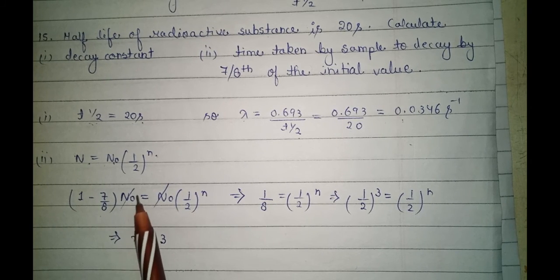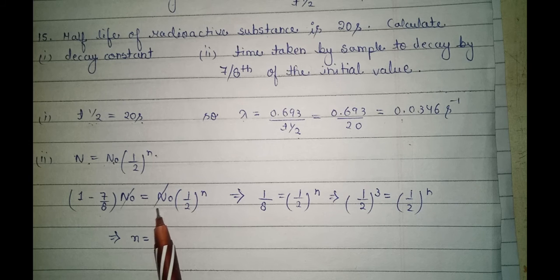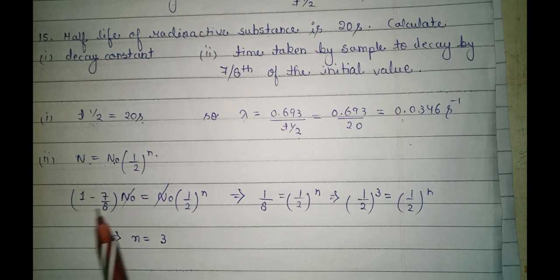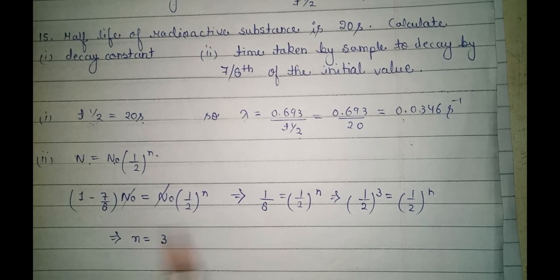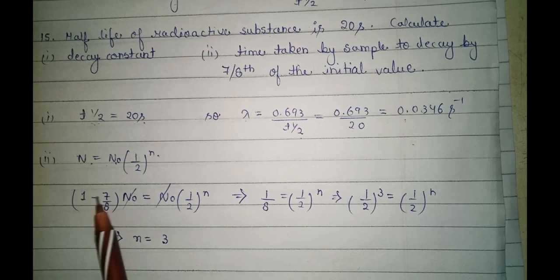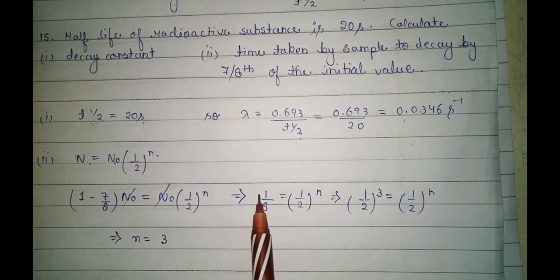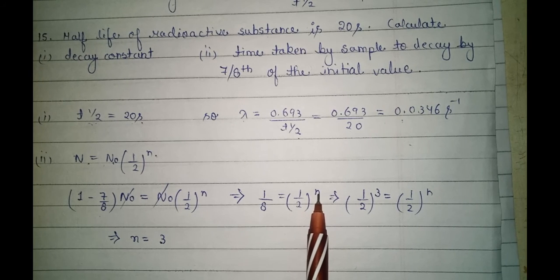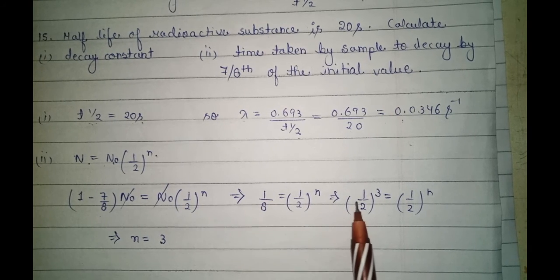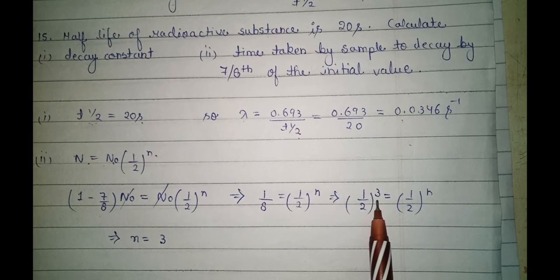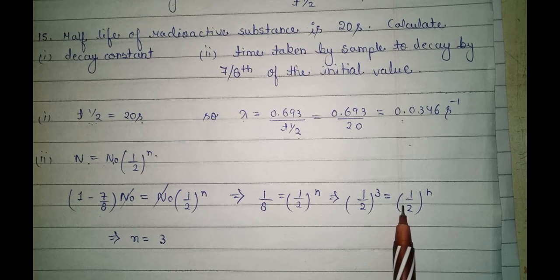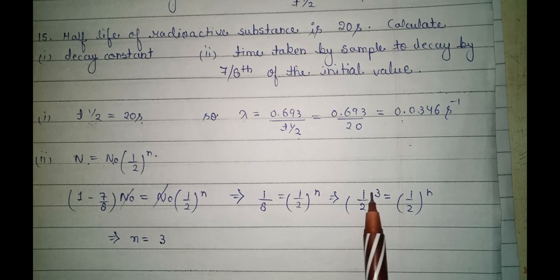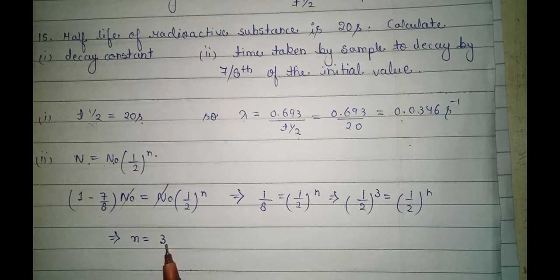So N naught is cancelled by N naught, and on solving this equation, 8 will be the LCM, and here we will get 8 minus 7, which is equal to 1. So we get 1 by 8 is equal to 1 by 2 raised to the power n. This 1 by 8 can be written as 1 by 2 raised to the power 3. On comparing these two quantities, if the bases are the same, then their powers will also be the same. So the number of half-lives is equal to 3.